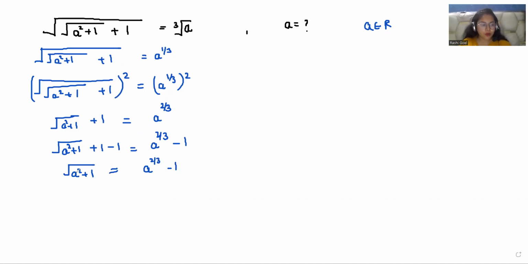Now I'm squaring both sides again. So I will do the square of this and the square of this as well. This square root will be eliminated with the help of the square. So only a square plus 1 is equal to, here I'm using the identity (a minus b) whole square equals a square plus b square minus 2ab.